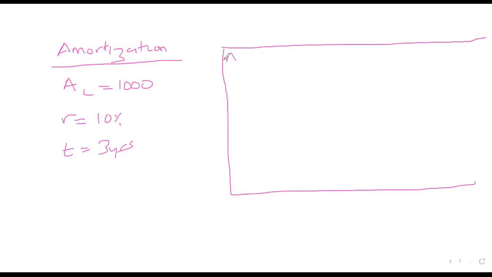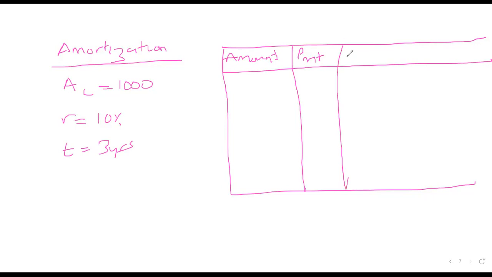So we'll start with amount here. Okay, beginning amount, and we go to the periodic payment, then we go to interest, then we go to repaid amount, how much you have repaid, and you go to the balance for the closing balance.